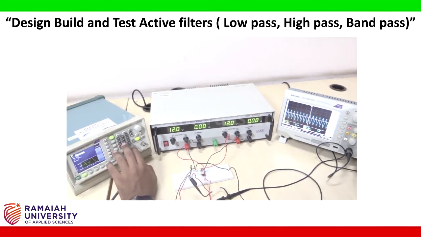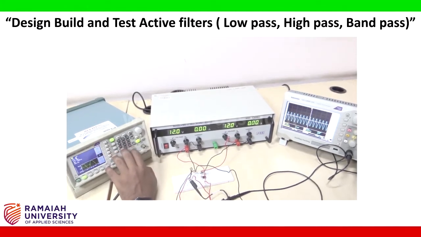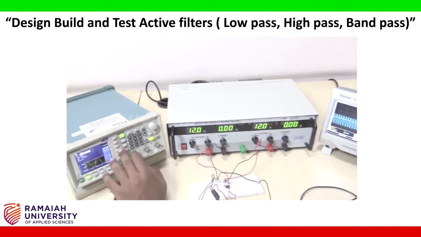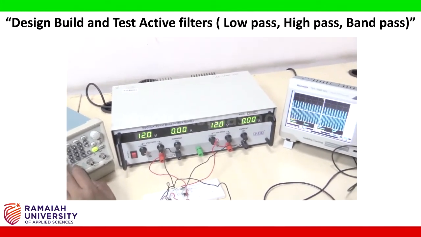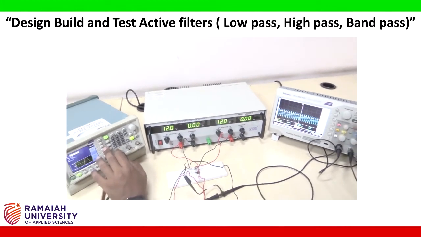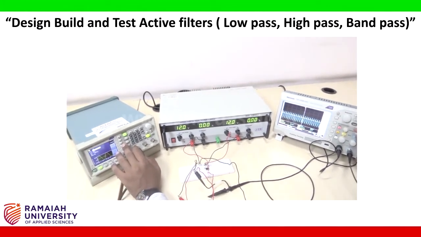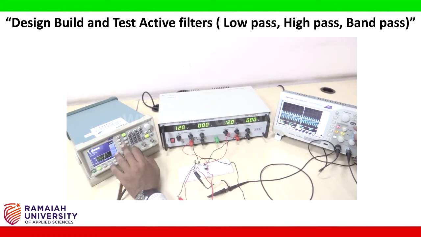Likewise you can check the various frequencies. Directly I'll go to some 500 hertz. It will show some 2.8 volt peak to peak. 600 hertz, 2.8.